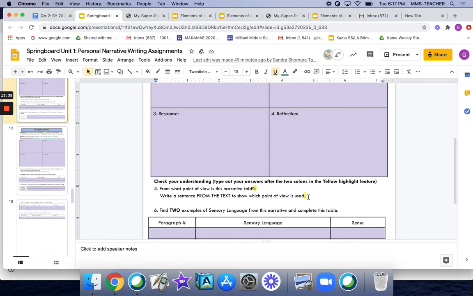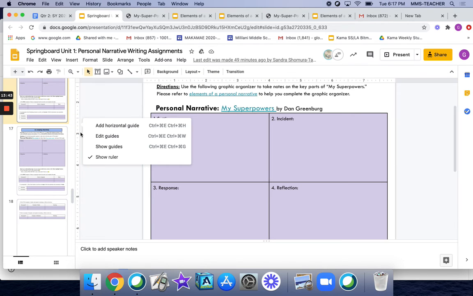If it is first person, look back at your notes: first person would use words such as I, my, mine. If it was second person, it would use words like you. And if it's third person, it would be he, she, they, her, his, and so forth.